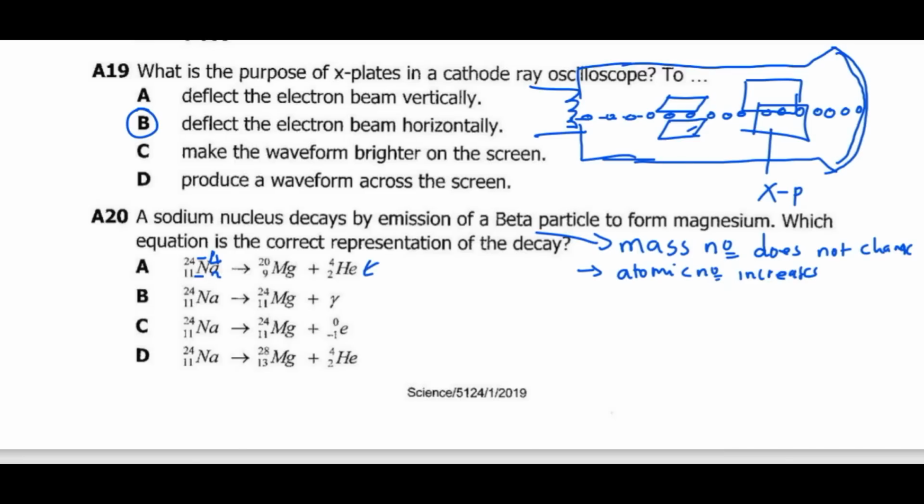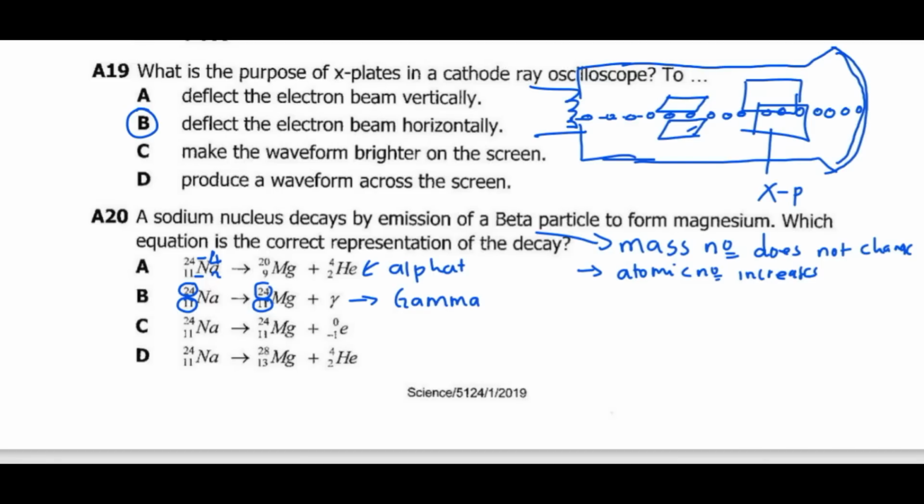So this is an alpha particle. Then the second one: 24 did not change, the mass number remains the same, 11 also 11. This is gamma. Whenever it emits gamma, the mass number and the atomic number do not change.